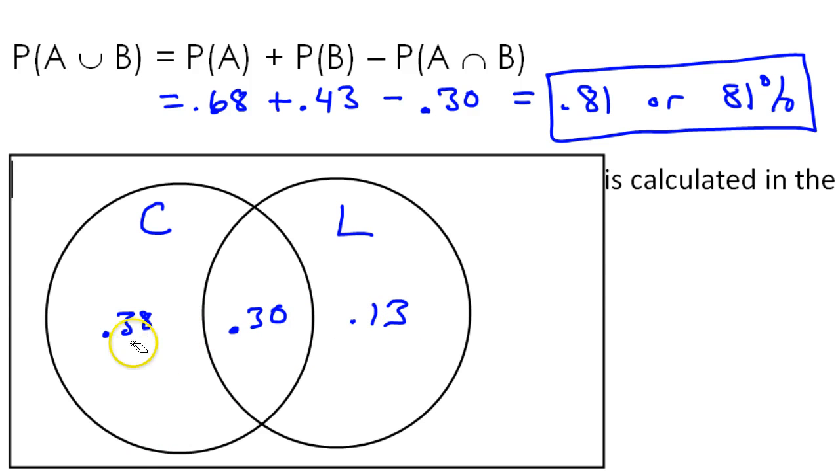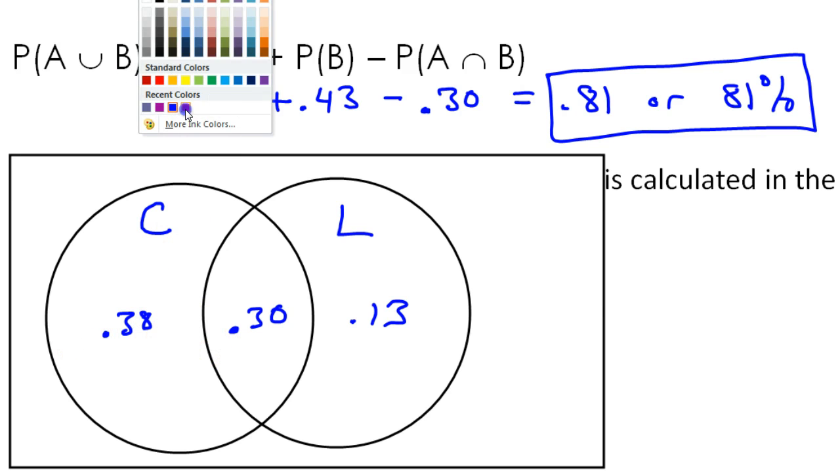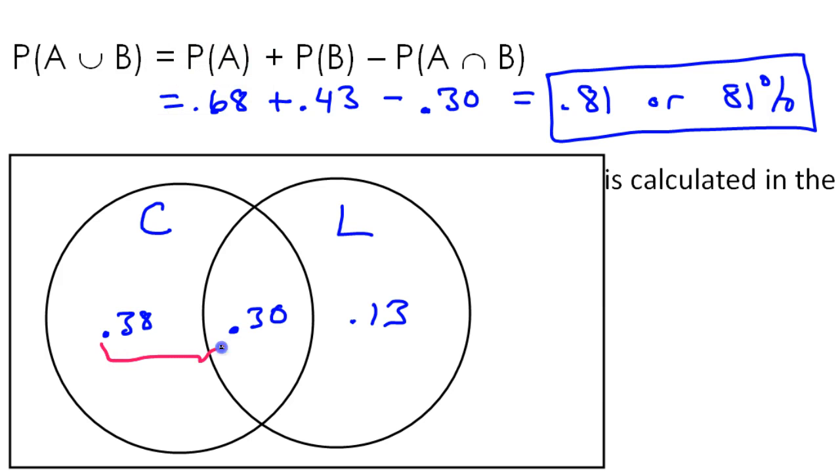So 0.38, 0.30, 0.13. 0.38 plus 0.30, of course, is 0.68. So if we're just doing the math in our heads, we've got our 0.68, and now we're adding on the 0.13.